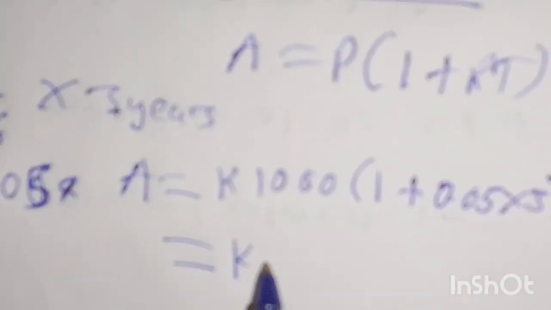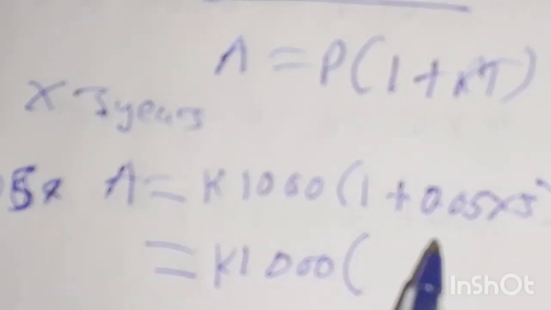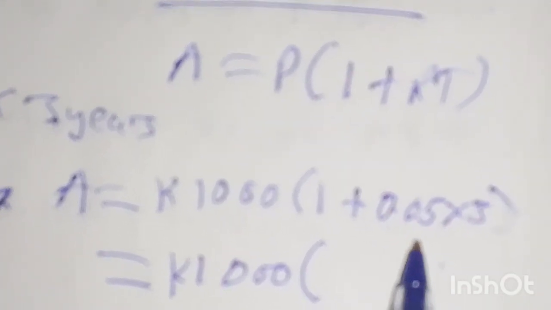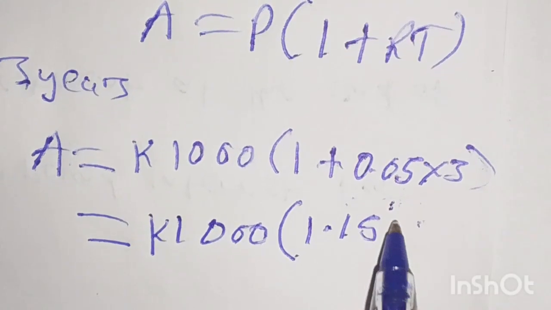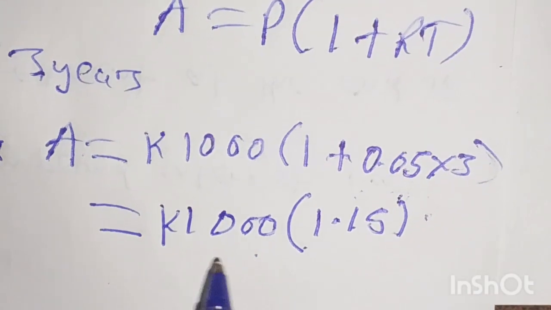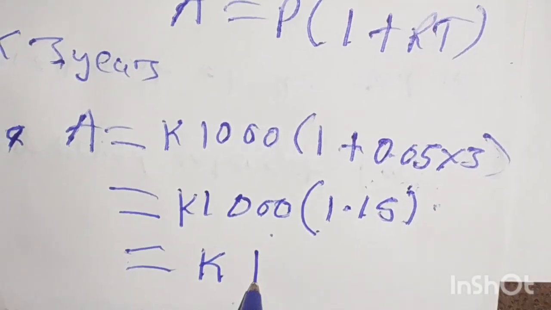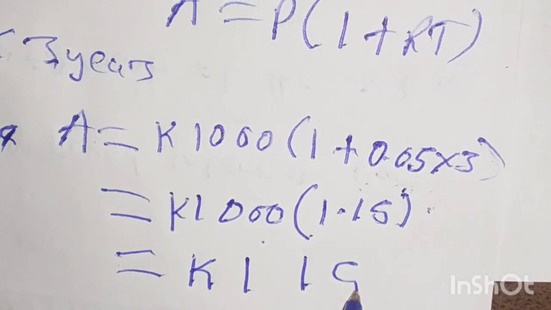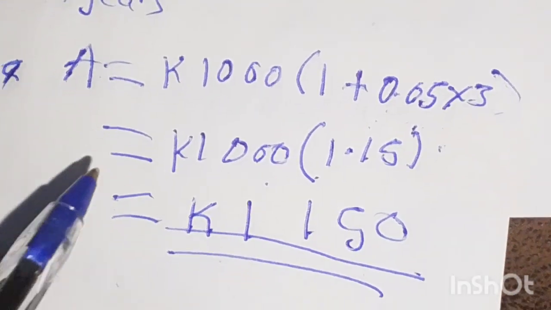So 0.05 times 3 gives 0.15. So 0.15 plus 1, you are going to have 1.15. So 1.15 times 1000, you're going to get 1150. So this is the amount to be returned, which is the accrued amount.